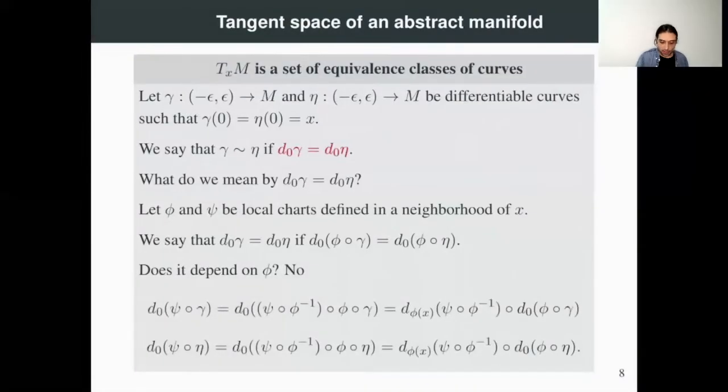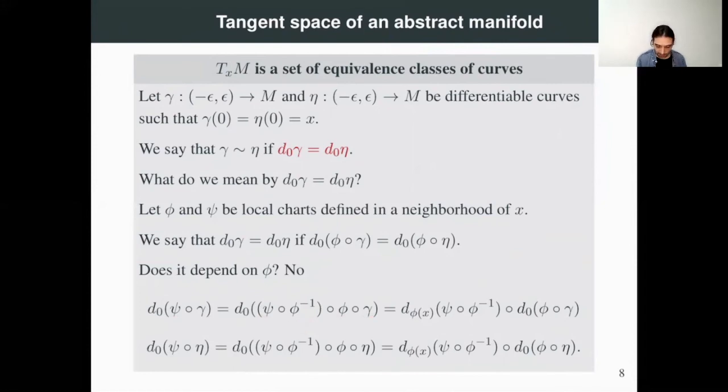When we consider gamma composed with psi and gamma composed with phi, these two maps are related by the map here, which is the coordinate change. We have that gamma composed with psi is gamma composed with phi composed with the coordinate change.